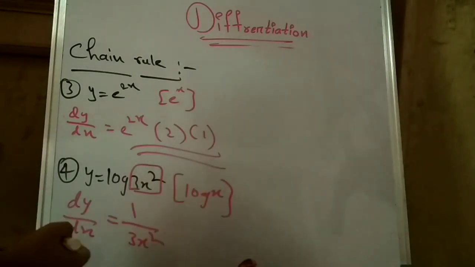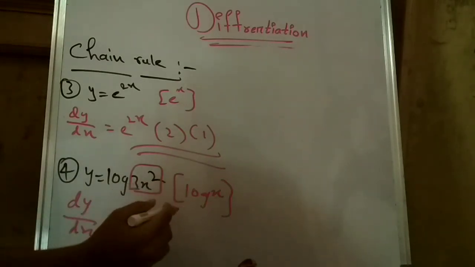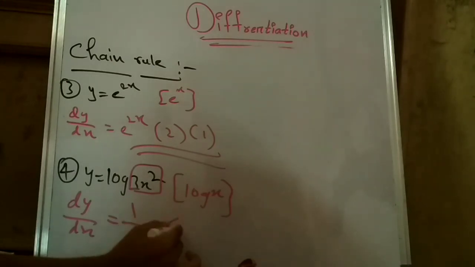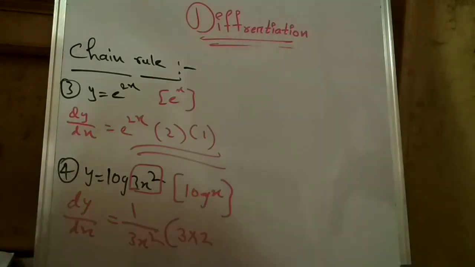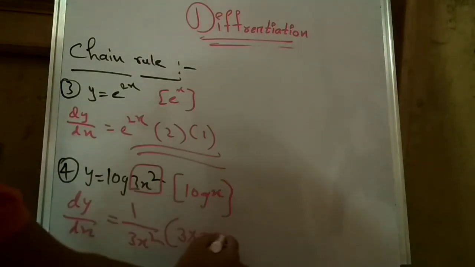Now differentiate it. So 3x square. So 3 into 2 will come down. 2 will come down. Are you able to see? Yes. So 2 will come down and x to the power 2 minus 1 will be 1.